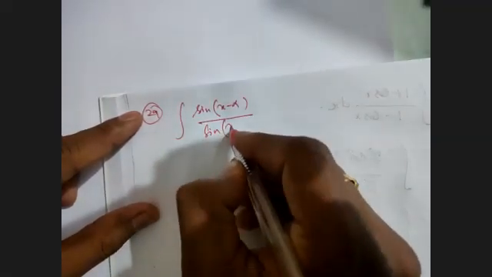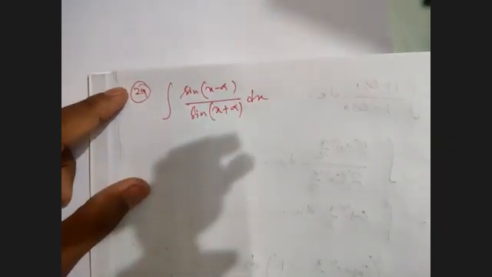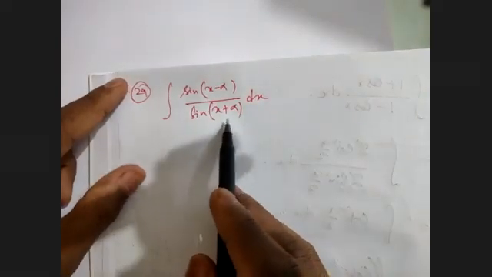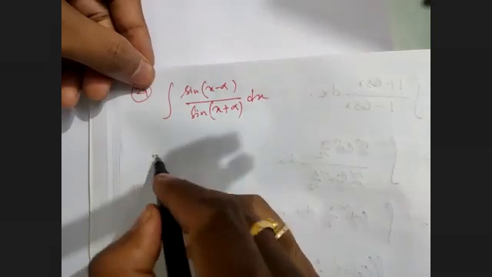Question number 29. Integration of sin (x minus alpha) by sin (x plus alpha) dx. Try it in the same method. Here the denominator is x plus alpha. So here also you have to bring x plus alpha.